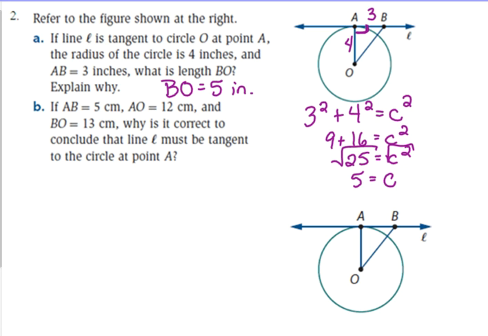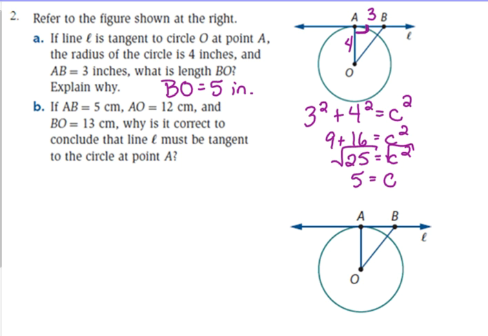If I'm told that the hypotenuse is 5 and one of my legs is 4, then I automatically know the other leg is 3. I don't have to use the Pythagorean theorem. It's just one that I need to memorize. Y'all need to memorize that. 3, 4, 5. It'll save you some time on the ACT because almost every sample ACT I've seen has had a question with a 3, 4, 5 triangle. You can save yourself a lot of time by not having to actually compute it.